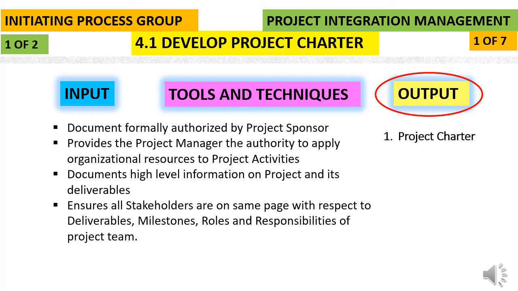And it also contains the project exit criteria. So if we are not able to meet, or if you are able to meet, or if you want to cancel the project, what will be the exit criteria, the assigned project manager responsibility and authority level, and the name and authority of the sponsor who is authorizing the project charter. So a project charter contains all this information, which should be signed off by the project initiator and the project sponsor.